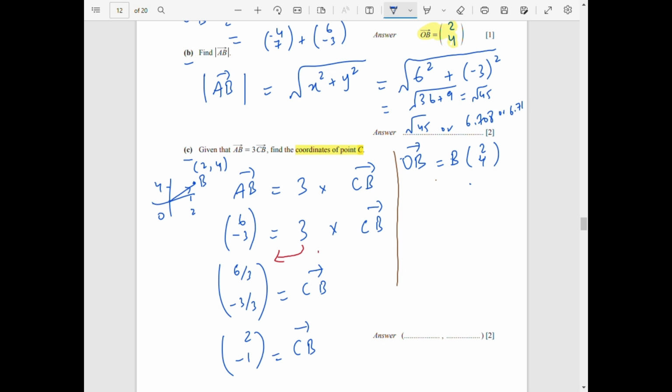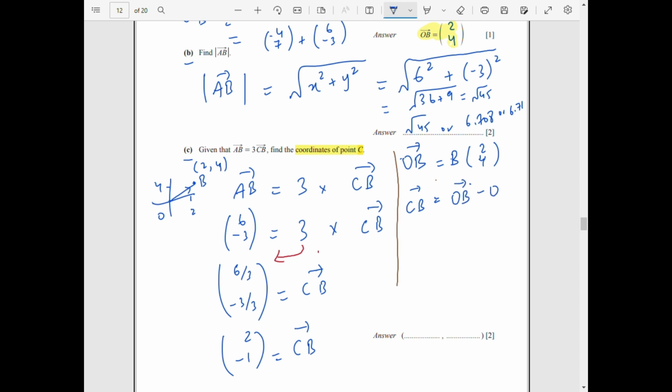Okay, so in order to find the coordinates of C, since I know the coordinates of OA and OB, I should simply use this vector subtraction rule: if my CB is this, I should get my C using vector subtraction, that OB less OC should be CB. Why am I saying that? Look at this. If I have this B point here, and then I have C also, so I am moving from C to B like this.